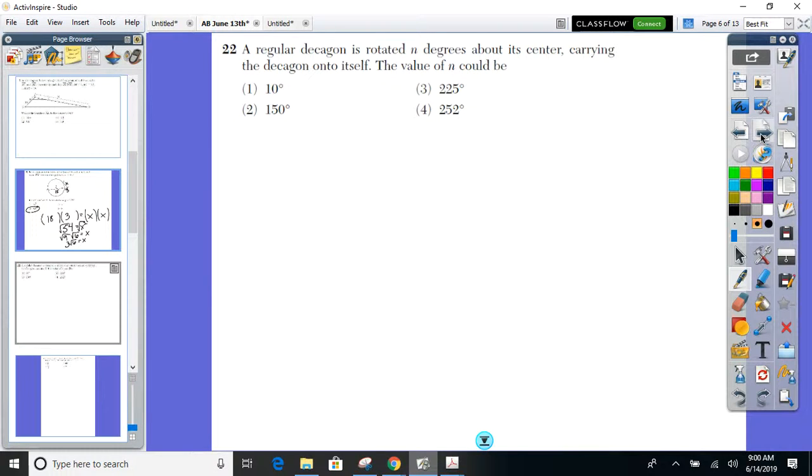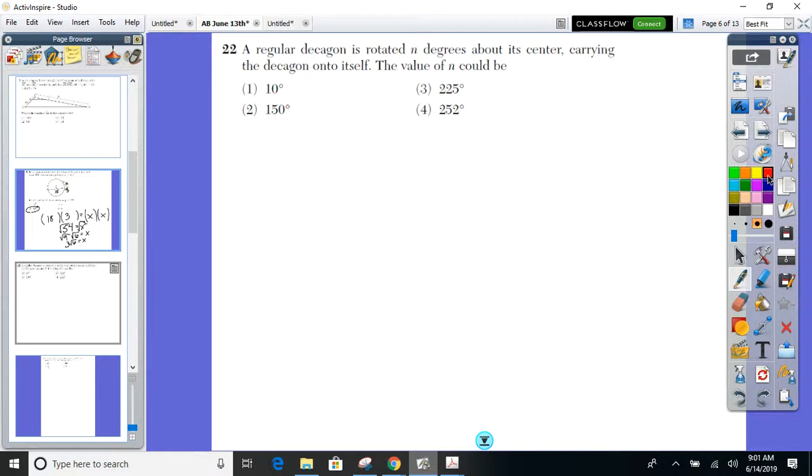22. Regular decagon. Let's stop there. Decagon? 10, yeah.